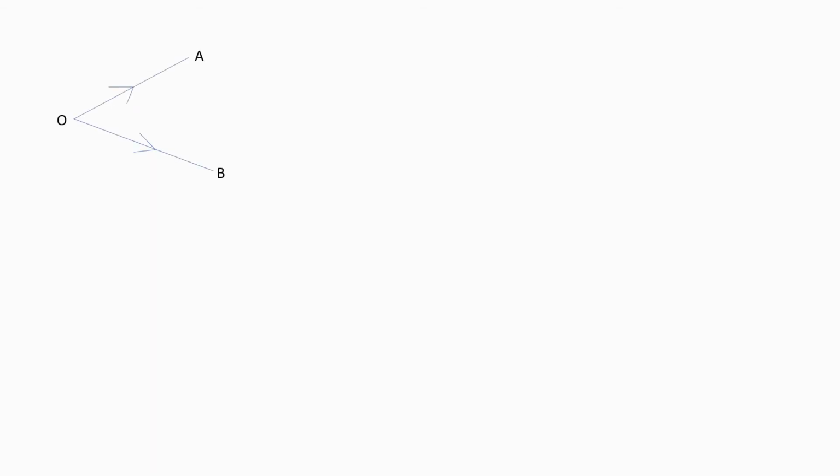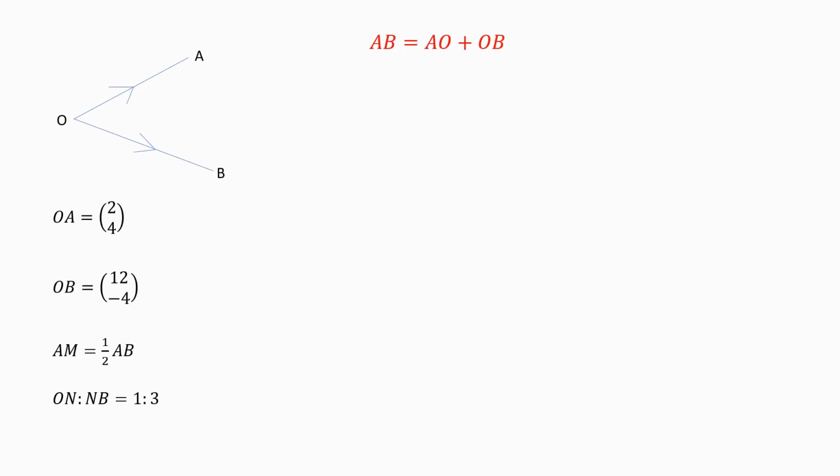So using this as an illustration, we've been told that OA is 2, 4, OB is 12, negative 4, AM is a half AB, and ON to NB is 1 to 3, and we are supposed to find AB. So using the illustration, to get to AB, you need to move AO, then OB, and AO is the reverse of OA.